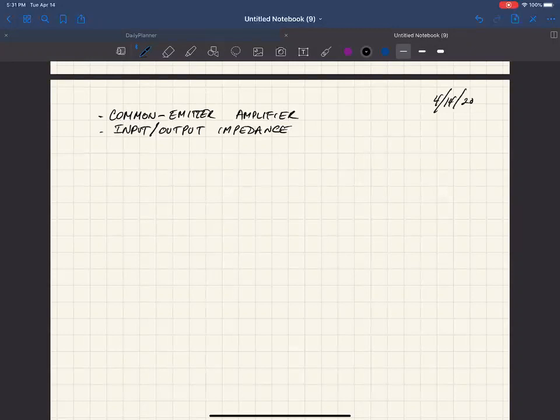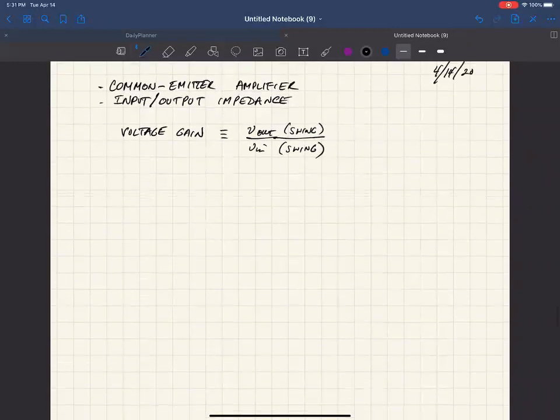midterm. Okay, so the concept of amplifier, again, we were just looking for something that has a voltage gain, which is basically defined as V out over V in, and just the swing part of it, not worrying about the bias voltages or the DC voltages that it's sitting on.